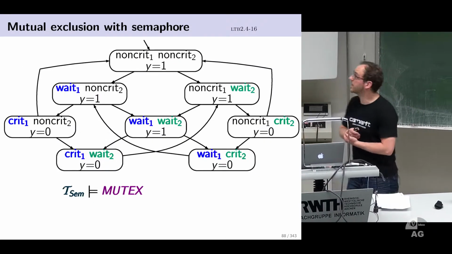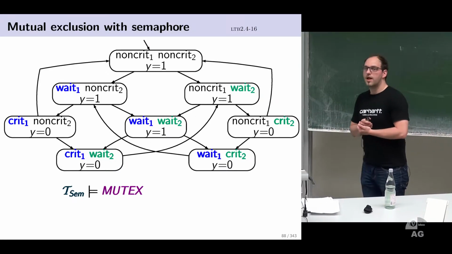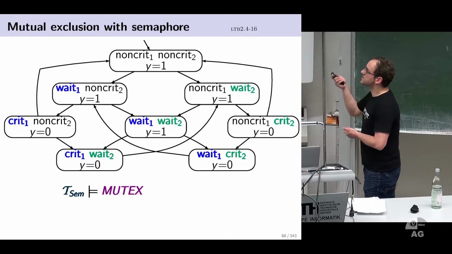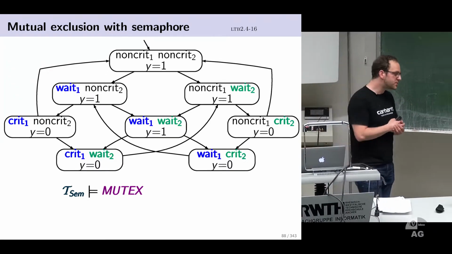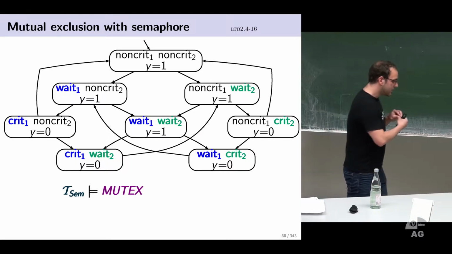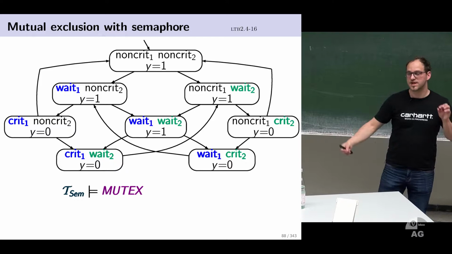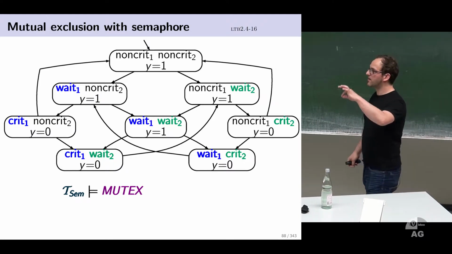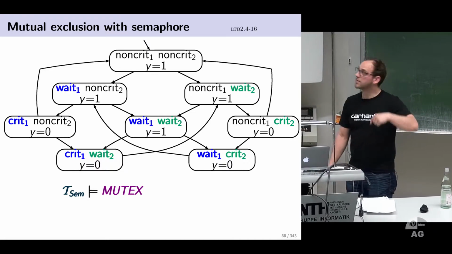Let's look at an example. Again, mutual exclusion with semaphore. First of all, I want to convince you that this transition system satisfies the mutex property. Recall that the mutex property contains all infinite words such that at no point do we have crit 1 and crit 2 in the same labeling.